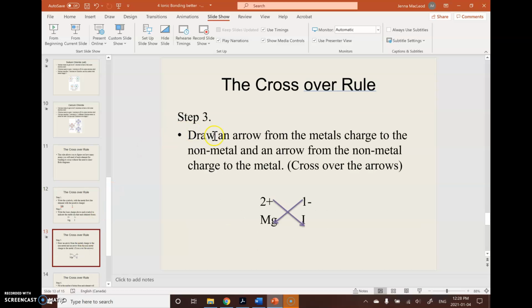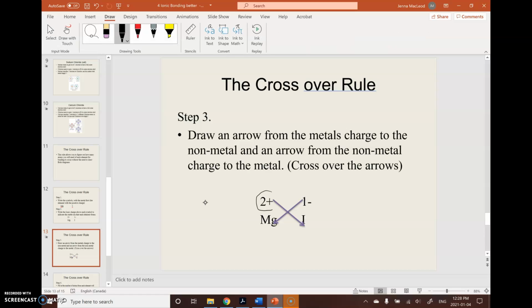The third step is to draw an arrow from the metal's charge, which is right here, because this is the metal and this is the non-metal. So you draw an arrow from the metal and bring it down to the bottom right of the I. Then you take the non-metal charge, draw an arrow, and put it down to the bottom right of the Mg.